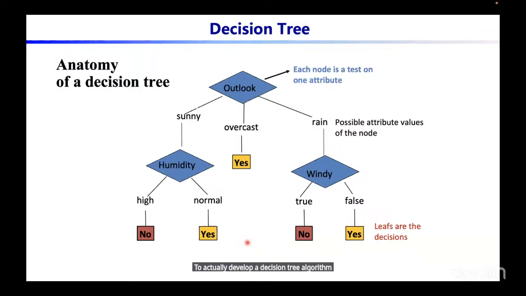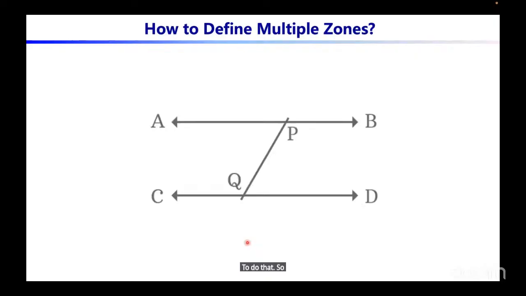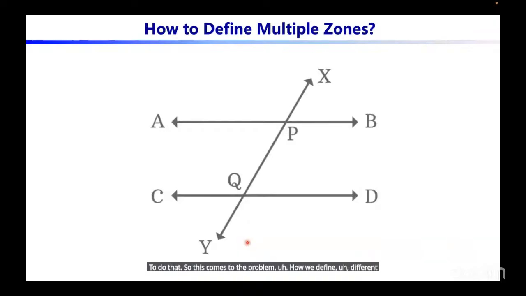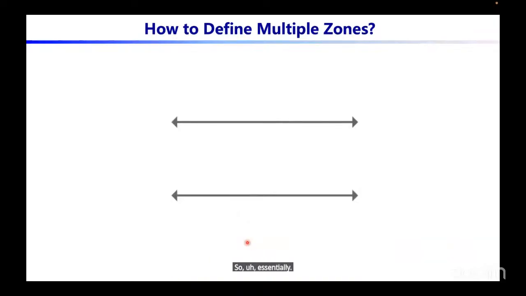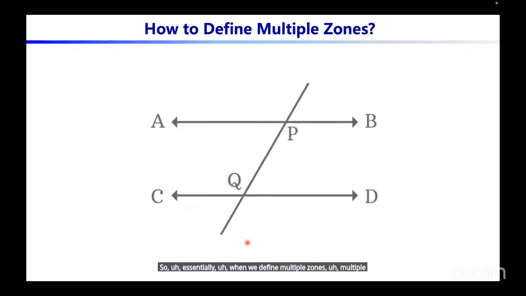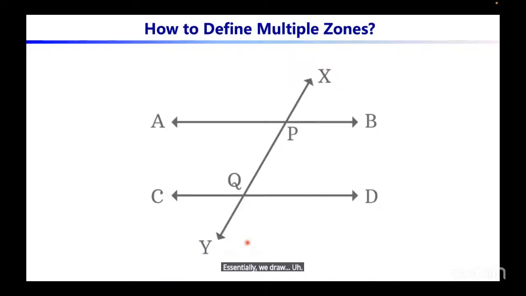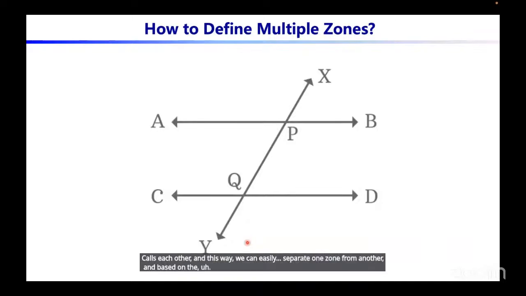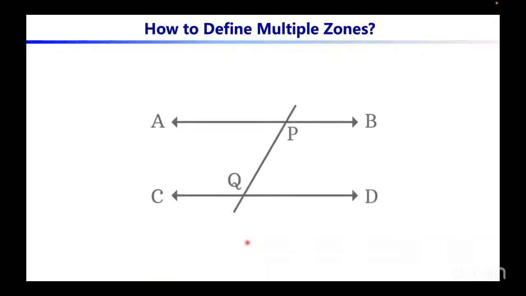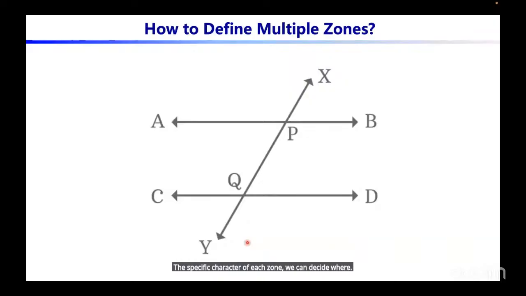What is a better way to do that? So this comes to the problem of how we define different zones. Essentially, when we define multiple different zones, we draw lines crossing each other, and this way we can easily separate one zone from another, and based on the specific character of each zone, we can decide which direction to draw the lines.